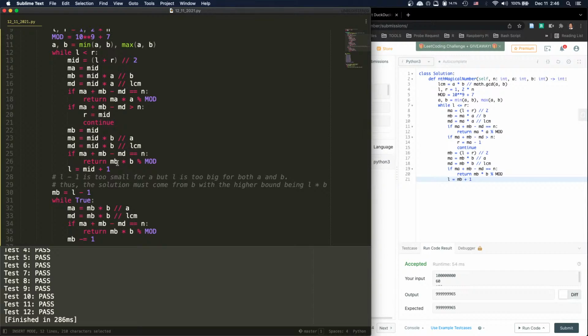Well, in that case, do we even need to do this? Isn't this can be combined with this? So we're searching for A, right? We're searching for what is the, yeah, I think we don't need this.